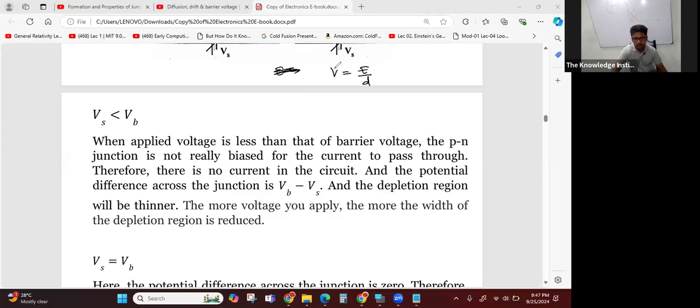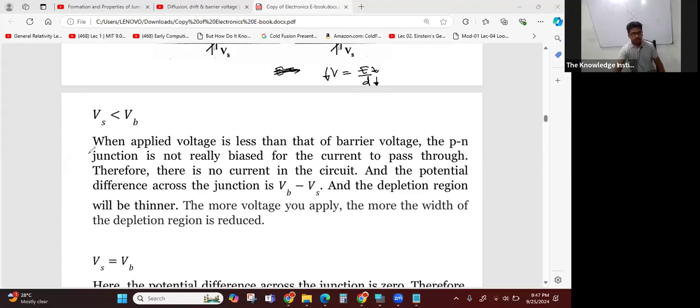So then the potential difference across the junction will decrease, and this will also decrease, right? But for the thickness, only a slight change will be there.